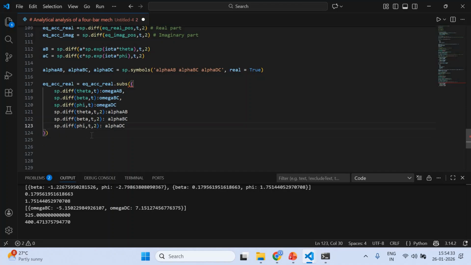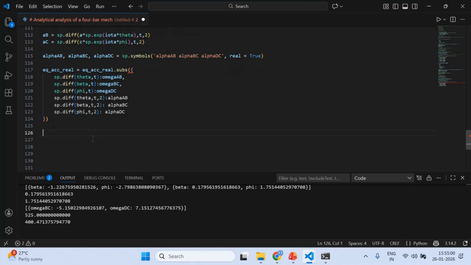So just be careful. After defining the acceleration equations, I am simply replacing the d theta by dt, d beta by dt and d phi by dt terms with omega AB, omega BC, omega DC, and d2 theta by dt2, d2 beta by dt2 and d2 phi by dt2 with alpha AB, alpha BC and alpha DC. Very simple. So this substitution is important.